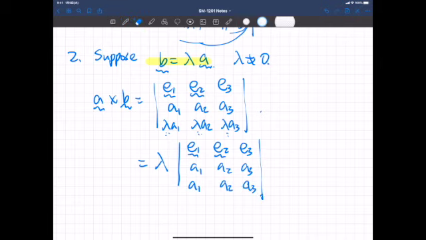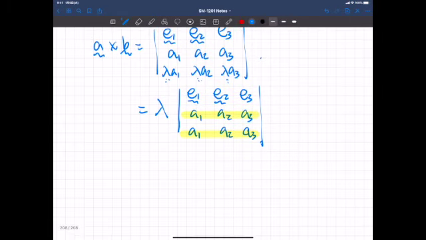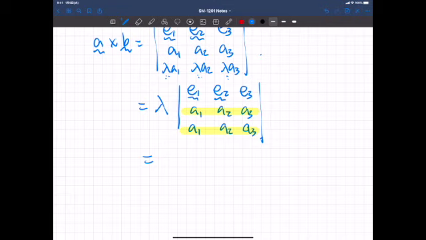But now we have the same row here and here, so they have the same values. In that case, the determinant is 0. So lambda times 0, so it's 0.